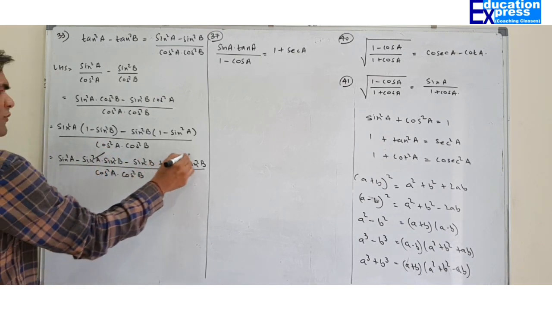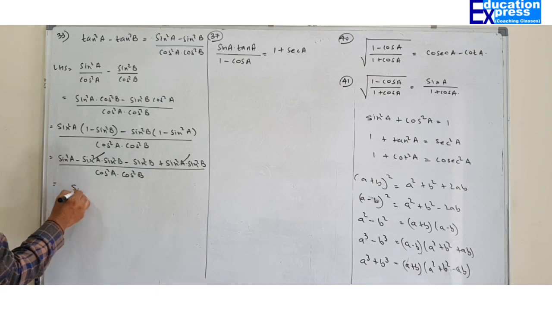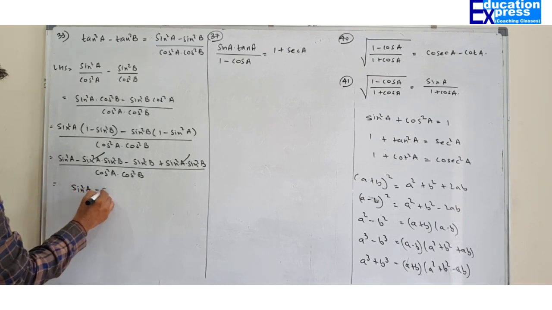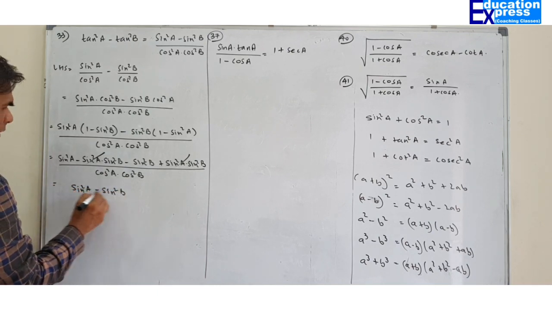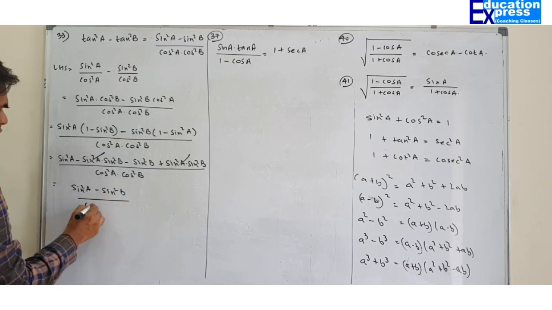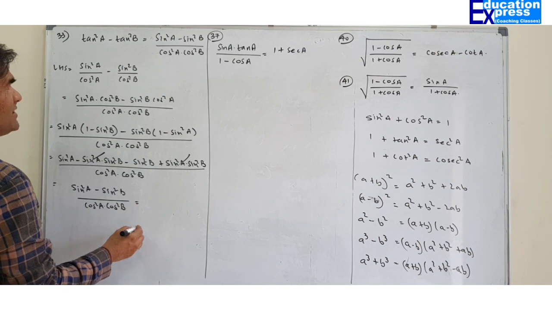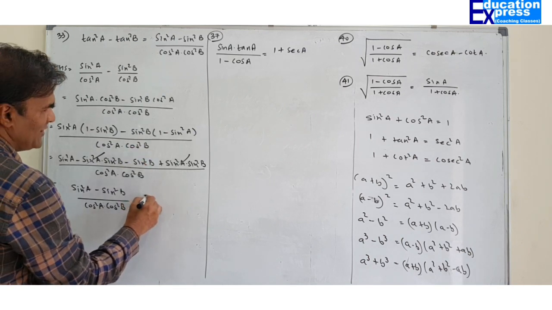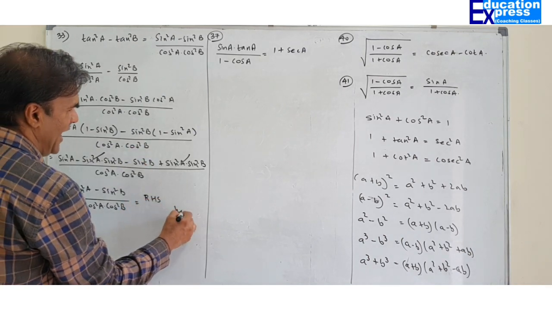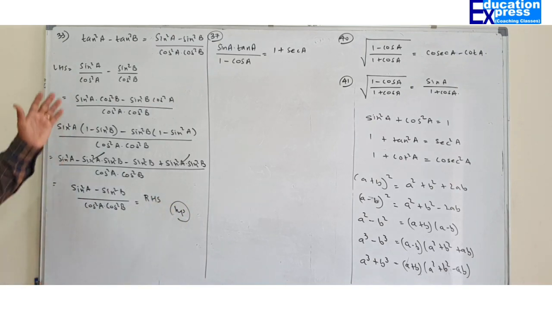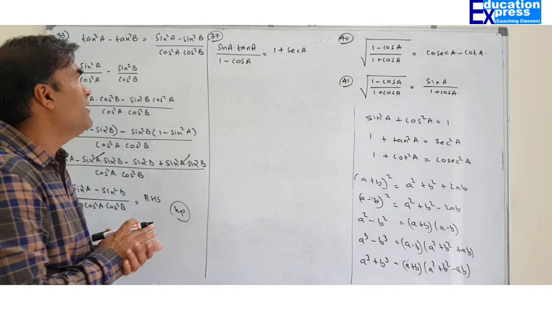Have a look, this two will get cancelled. What remains is sin²A minus sin²B upon cos²A cos²B, which is nothing but, of course, RHS. Hence proved. What a very simple question, my dear friends.